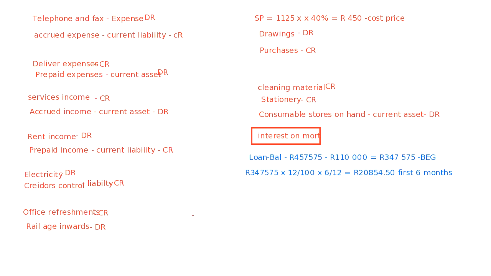Okay. So therefore, we're gonna take 20854.5 plus 27454.5.